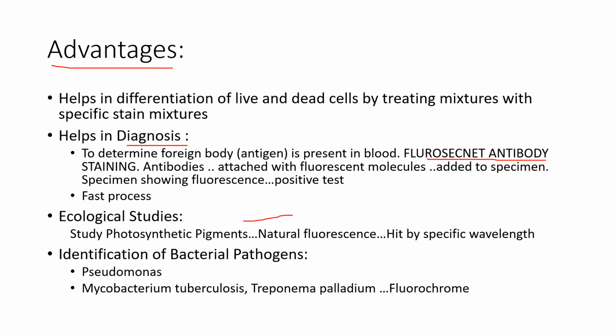When these antibodies attached to fluorochromes are mixed with our sample, they are allowed to undergo all kinds of chemical reactions, and then our specimen is gently washed with a gentle stream of water, and then it is observed under the microscope. If the test is positive, that means the antigen is present.